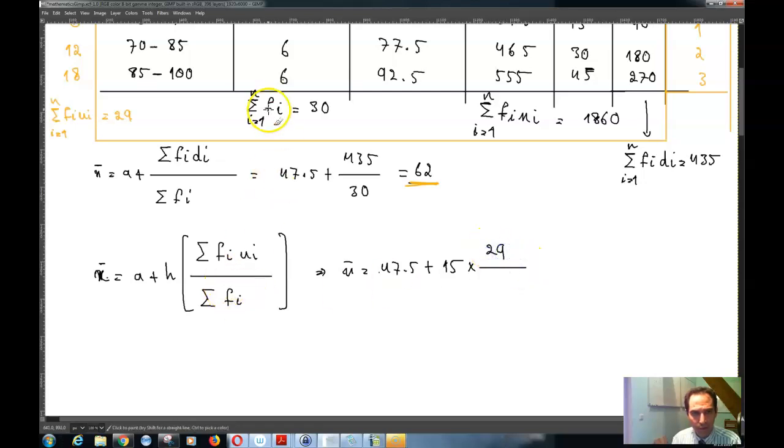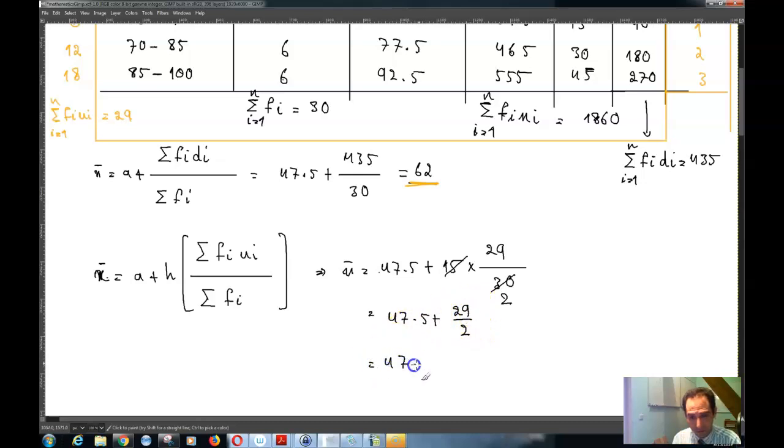29. Sigma f of i was equal to 30, and that gives you a 2 over here, and then you have 47.5 plus 29 divided by 2. So 29 divided by 2 is equal to 14.5.